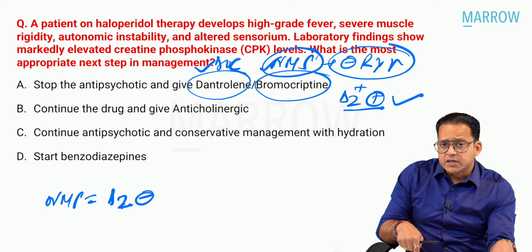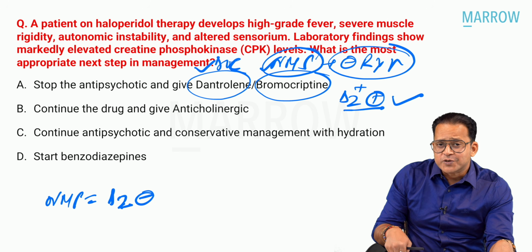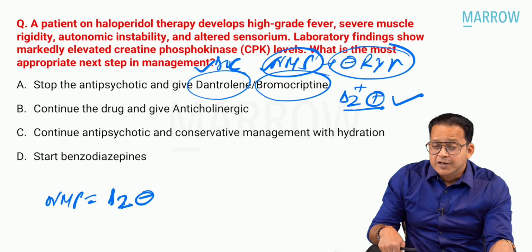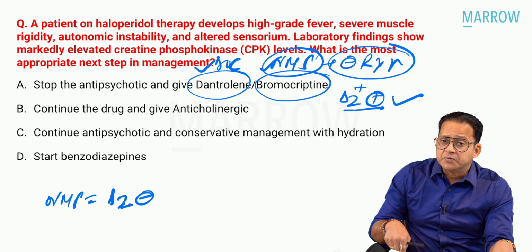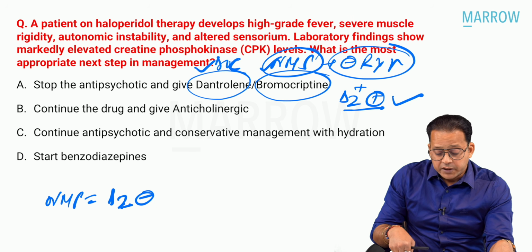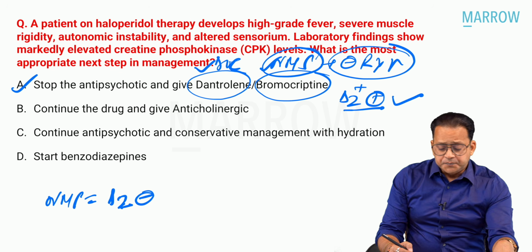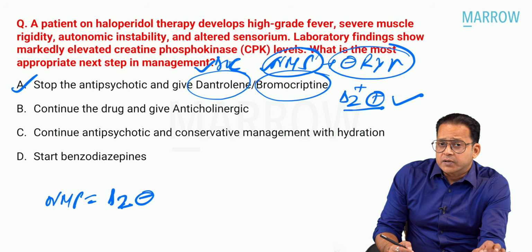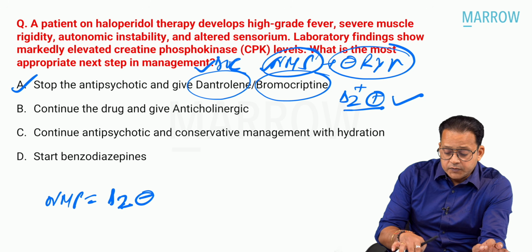But then you would ask me, sir, here also it will worsen psychosis. I would answer, yes, it would worsen psychosis, but only if the patient is alive. So here, I have to save the life of the patient first, right? That is the reason why I use dantrolene and bromocriptine. So guys, option A is correct. I'm never going to continue the drug. I have to stop the drug. I have to save the life of the patient.